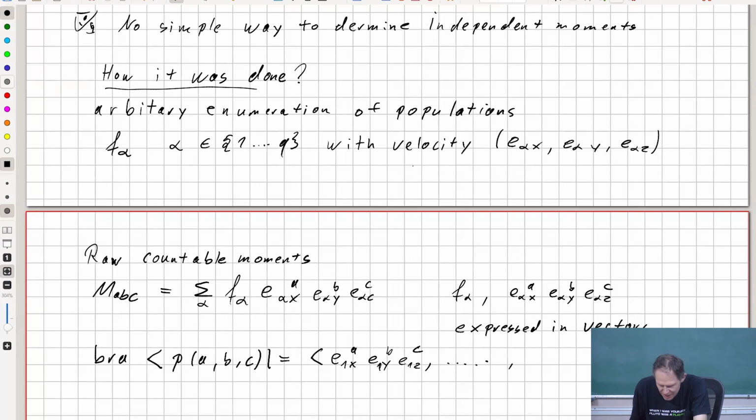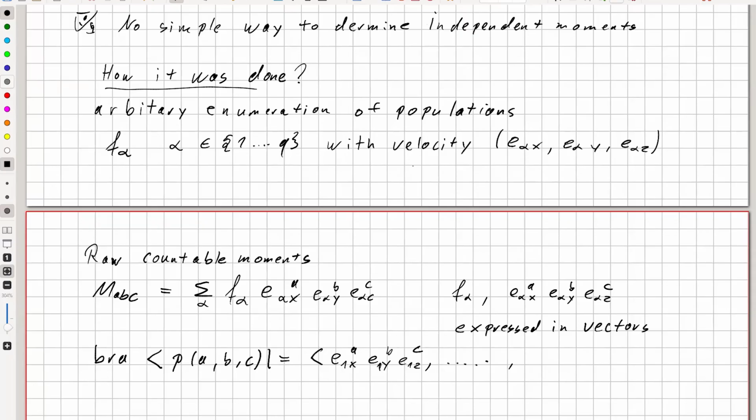So this together is the direction, and we multiply these vectors together, and this gives us this vector.